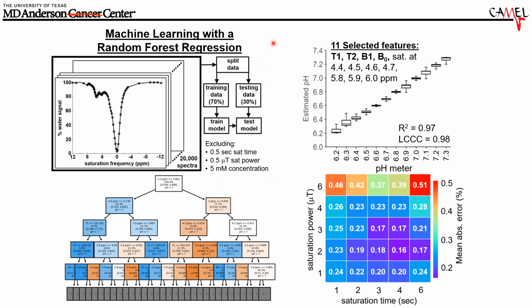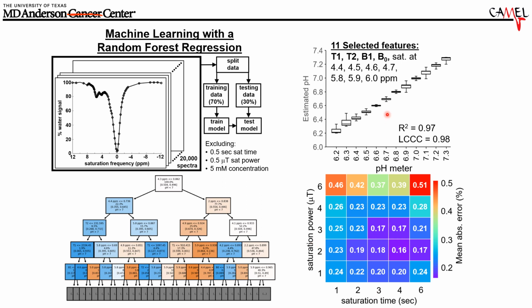So then we took this very large database and we took 70% of it to train a random forest regression model. Then we tested the remaining 30% to see how accurate and precise we were. We had outstanding accuracy and precision for measuring pH within the whole physiological range for tumors. We take subsets of this data at different saturation times and powers.